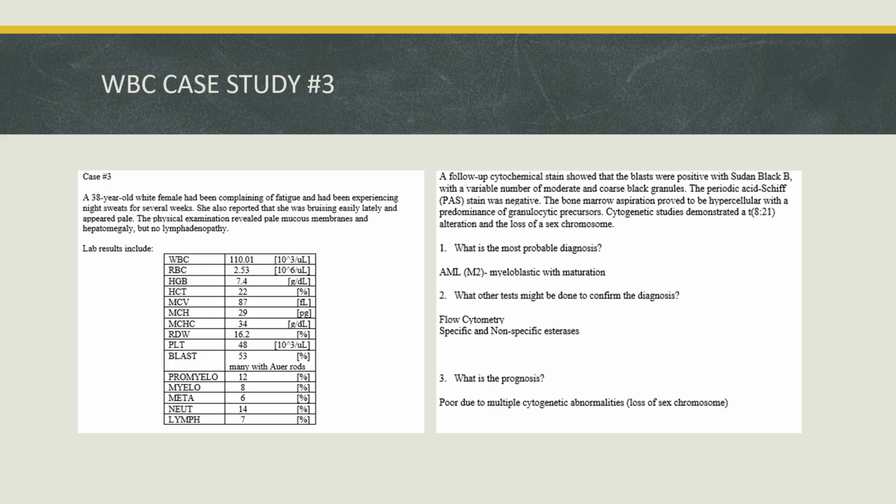All right, so what is the prognosis? If you think back to our leukemia unit, unfortunately, the more cytogenetic abnormalities that a patient has, the poorer the prognosis. And in this case, the patient has a translocation and a loss of that sex chromosome. So this patient has a pretty poor prognosis overall. Obviously, hopefully they are going to get some treatment. In this case, we don't really have much discussion about treatment, but obviously they would probably do some chemotherapy, maybe some radiation, perhaps bone marrow transplant.